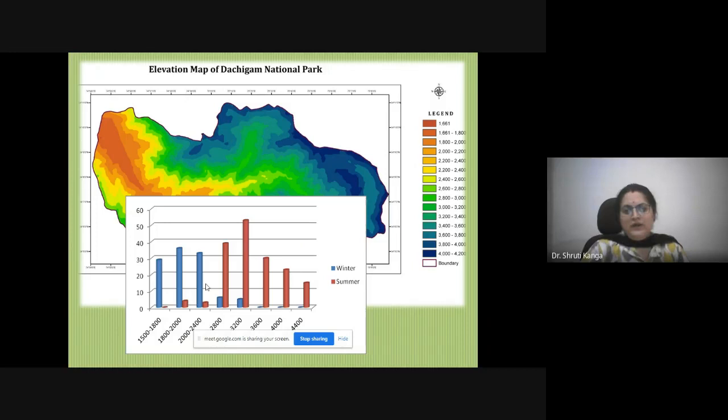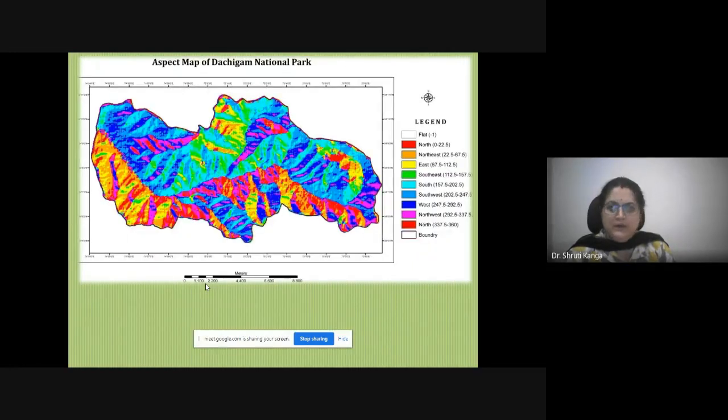So in summer, the signs of their existence can be in higher elevation areas. In winters, their signs you will find in the lower elevated areas of Dachigam National Park.